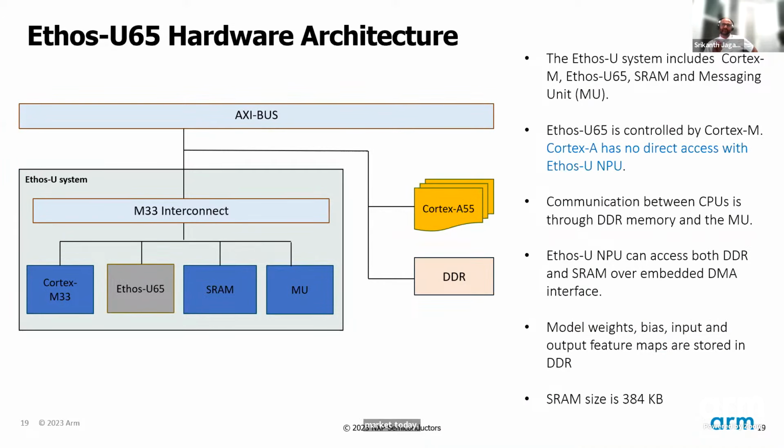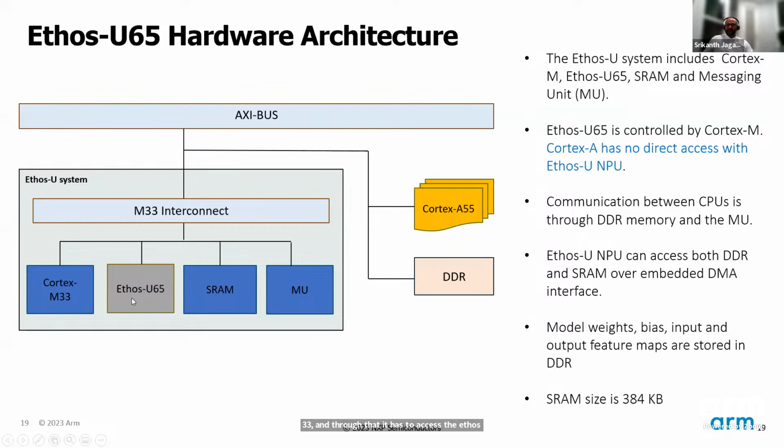So going into the hardware architecture, as I mentioned, there are three processing units: the M33, the A55, and the Ethos-U65. In terms of the architecture, the Ethos-U65 is connected to the M33 directly, and there is no direct connection to the Cortex-A55. So if the Cortex-A55 needs to access the Ethos-U65, it has to use the messaging unit to talk to the M33, and through that, access the Ethos-U65.